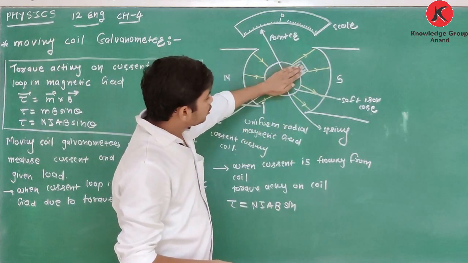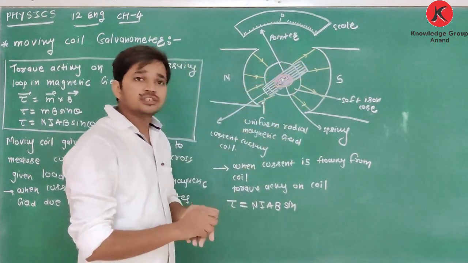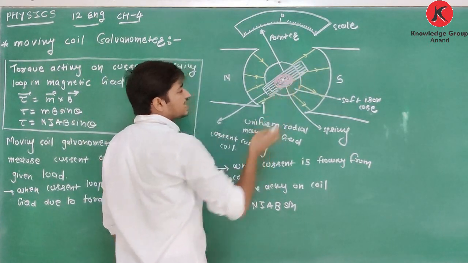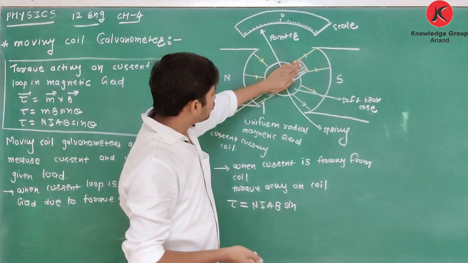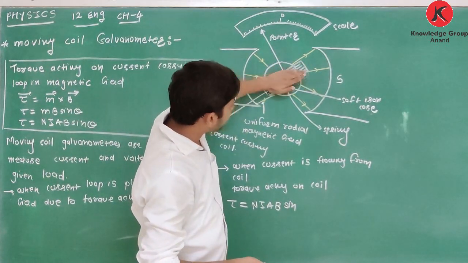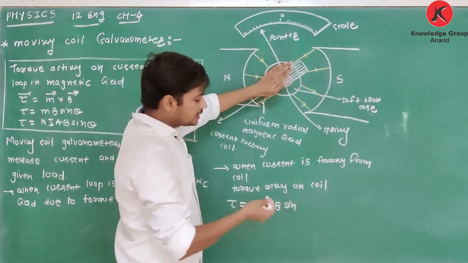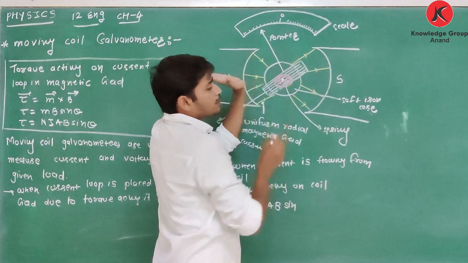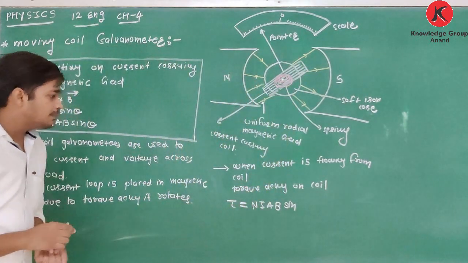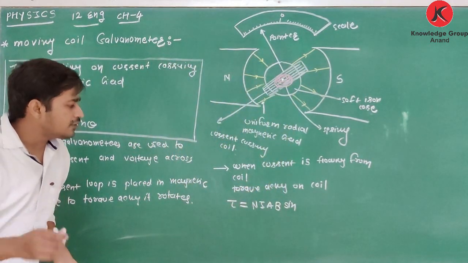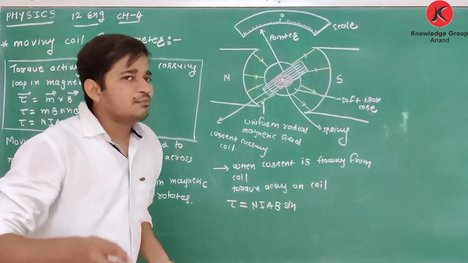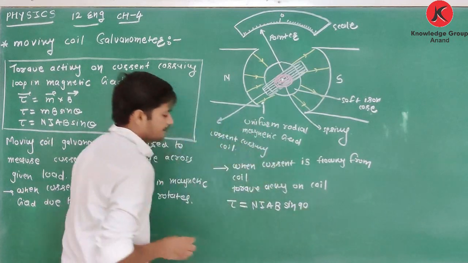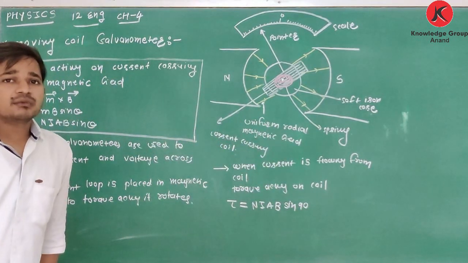This current carrying loop is placed like this, and its area vector is always perpendicular to the loop. The loop will rotate in this direction, so its area vector is always perpendicular to the magnetic field. Remember, in a moving coil galvanometer, the area vector and magnetic field are always perpendicular. So here it is sin 90. Clear about this?